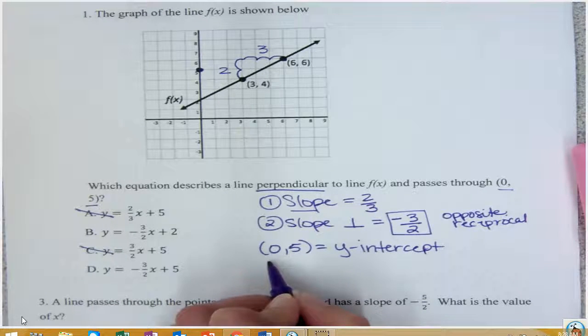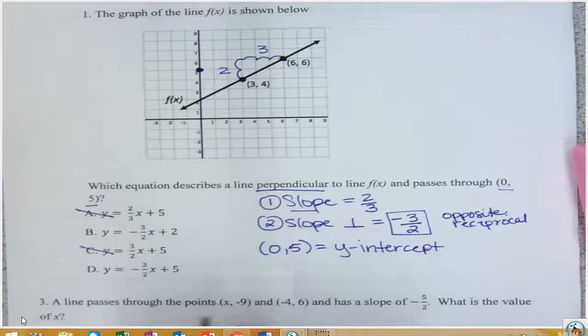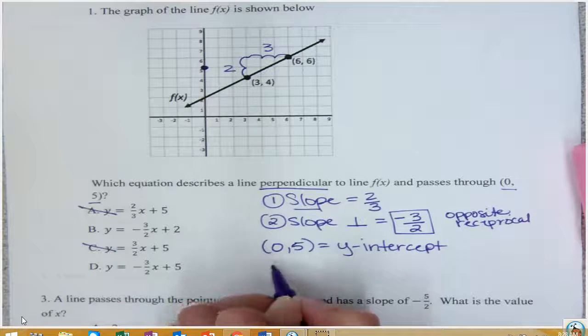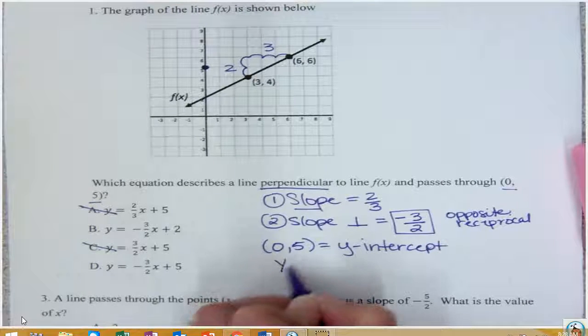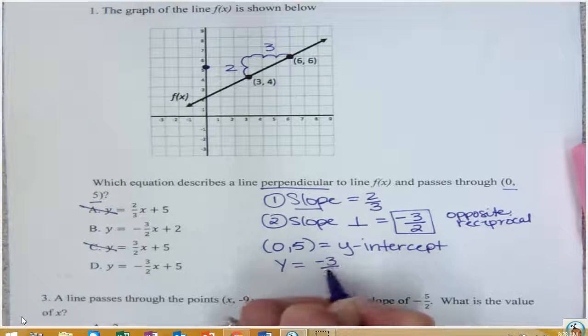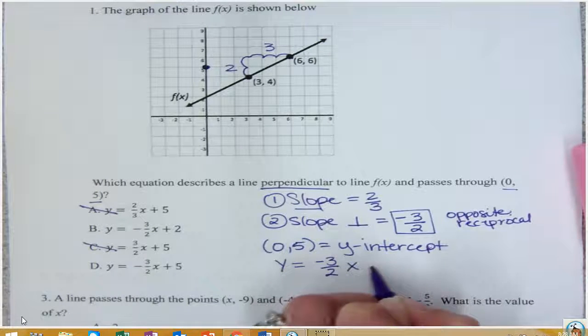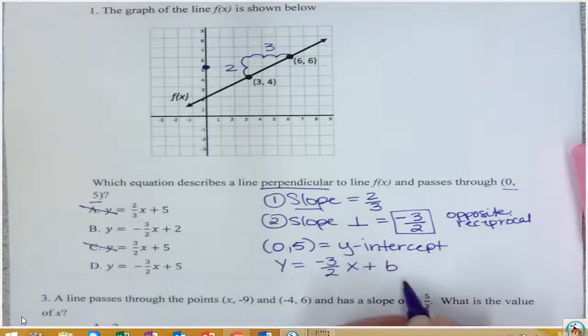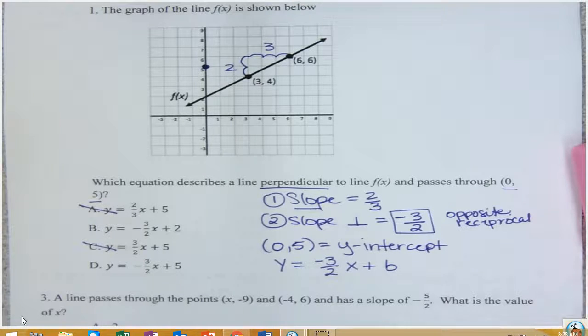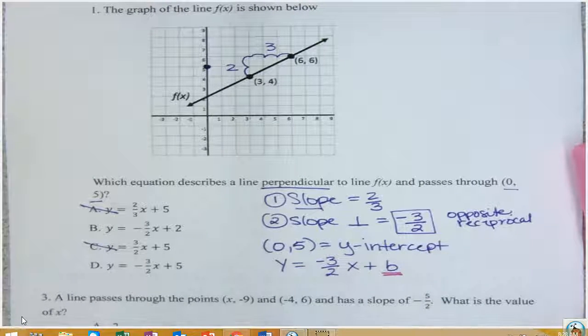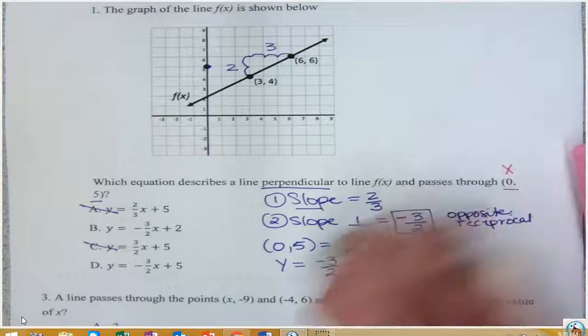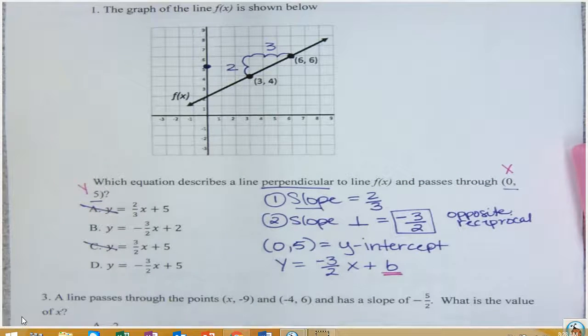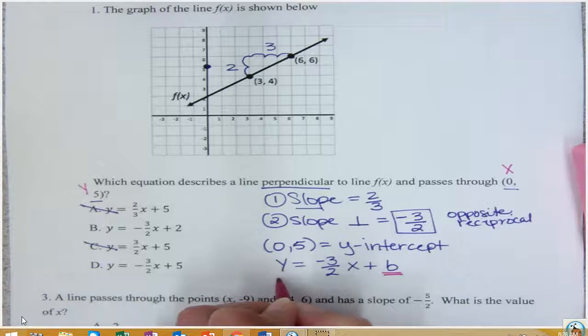We could if we wanted, and I'll show you how to do it that way if you did not see that. So you would basically take y equals negative 3/2 x plus b. I need to figure out what my y-intercept is. This is what I'm looking for because I have an x value and I have a y value. So I can plug those in: my y is 5, my x is 0.